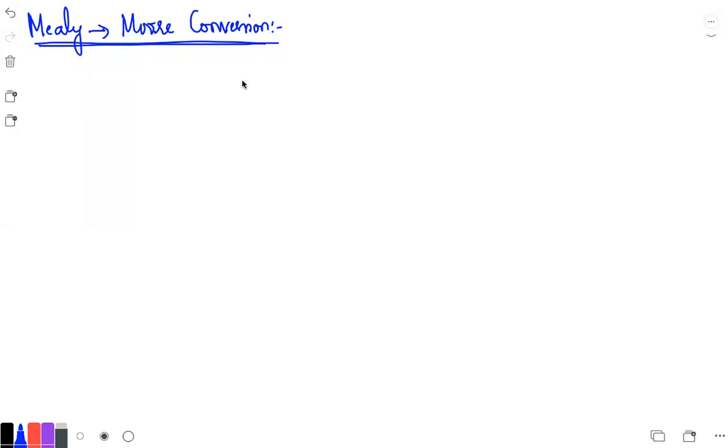So given a Mealy machine, we need to convert it into the corresponding Moore machine.